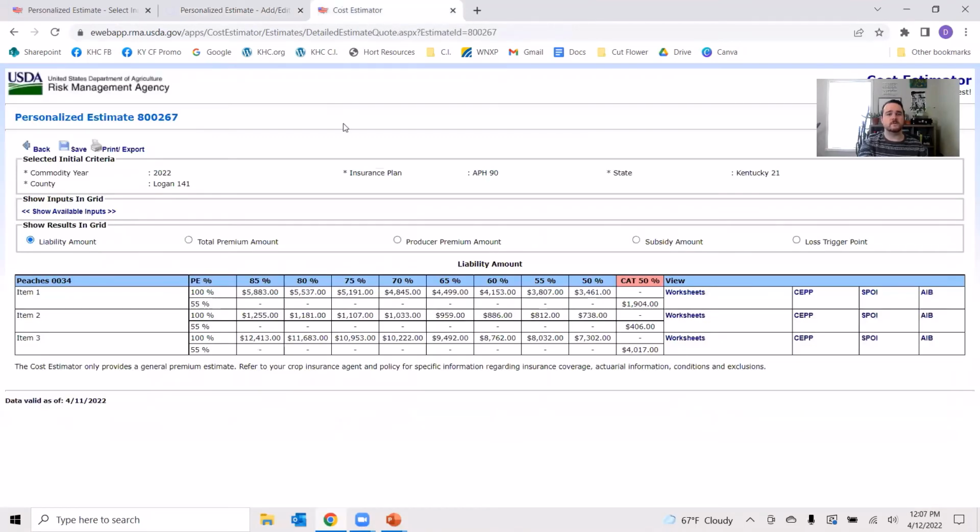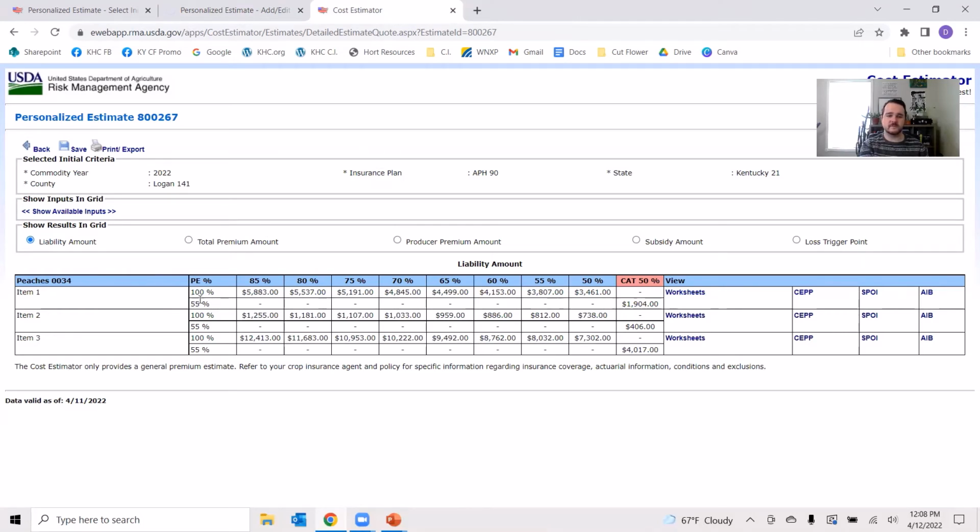While that works, let's go take a look at our peach prices. So you can see here, this is showing your liability amount based on each farm example, and then based on the coverage amount you select.